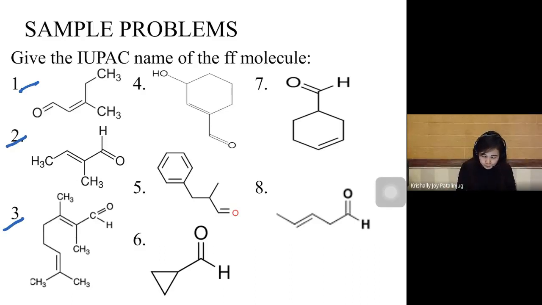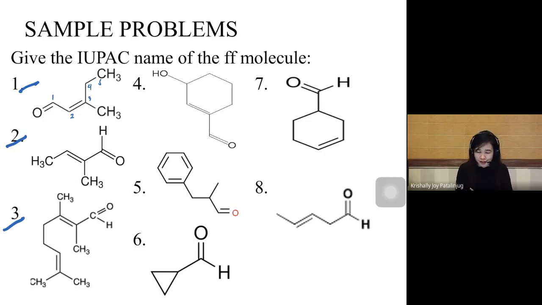Number 1. So all of these are aldehydes. This would be carbon 1, obviously, then carbon 2, 3, 4, and 5. The carbon 1 is always the carbon of an aldehyde. That is an aldehyde, with an imaginary terminal hydrogen, since it is cyclic, shown as cyclic.